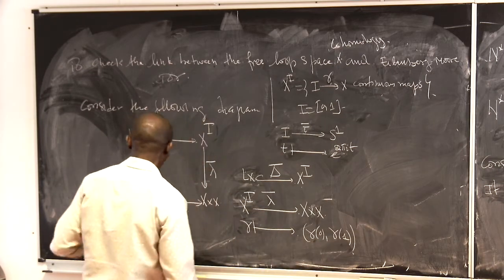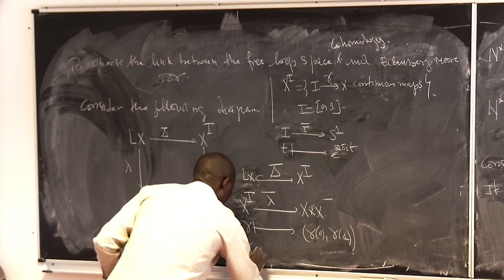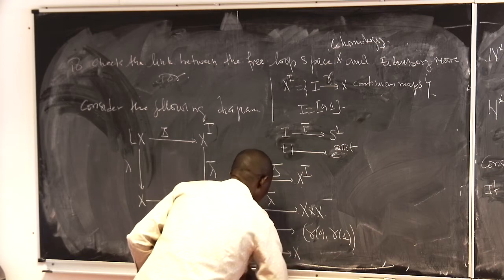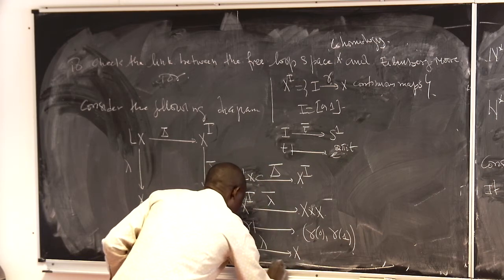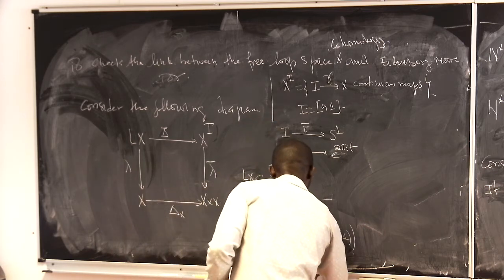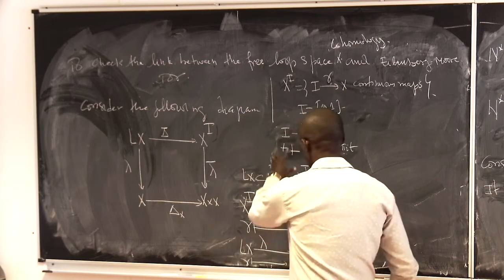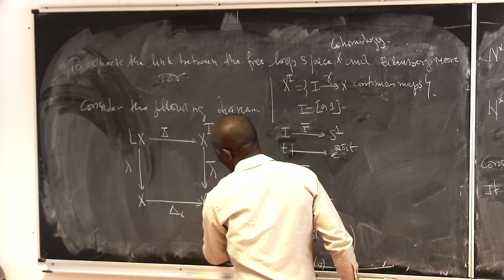And the other one, lambda, defined from the free loop space to X, we assign to any gamma here, gamma of 0. With all these maps, this one is obvious: assign to any x the couple x, x.